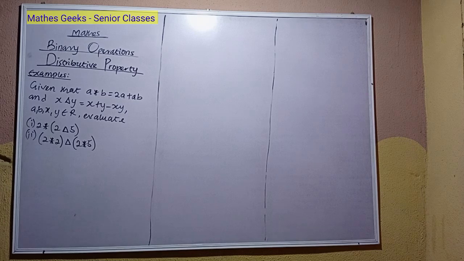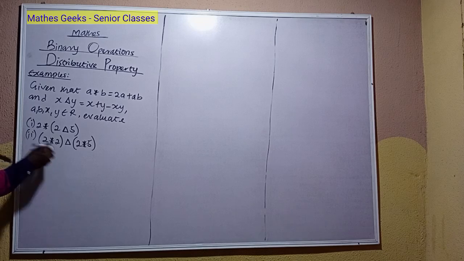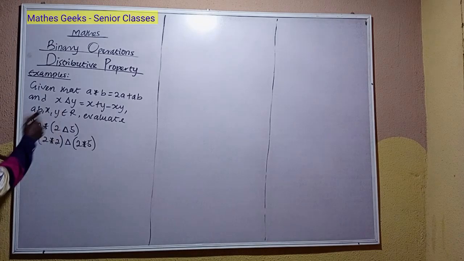Given that a star b is equal to 2a plus ab, and x ∇ y is equal to x plus y minus xy, where a, b, x, y are members of R, evaluate 1, 2 star (2 ∇ 5).